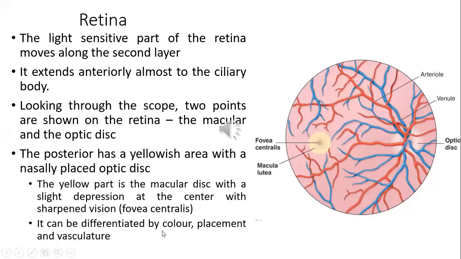Now, the light-sensitive part of the retina lies along the second layer. It extends anteriorly almost to the ciliary body. Looking through the scope, two points are shown on the retina: the macula and the optic disc. The posterior has a yellowish area with a nasally placed optic disc. The yellow part is the macula, with a slight depression at the center with sharpened vision, known as the fovea centralis, the one we were talking about in the previous slide.